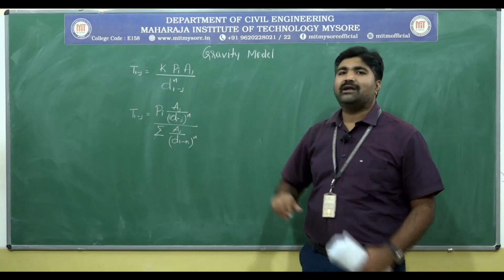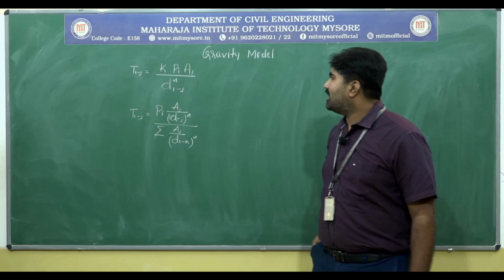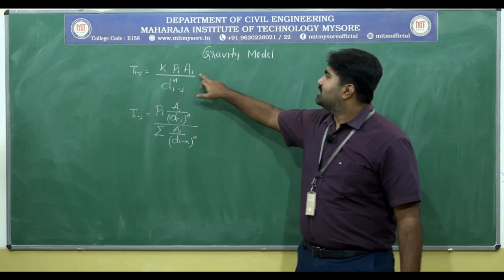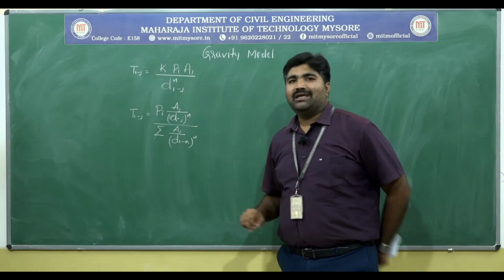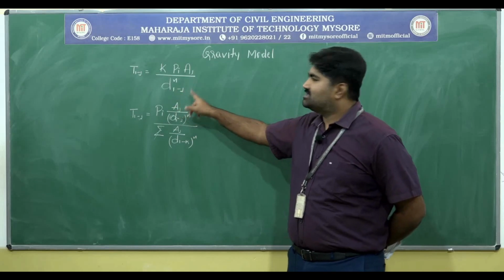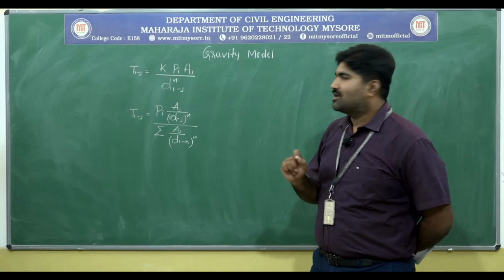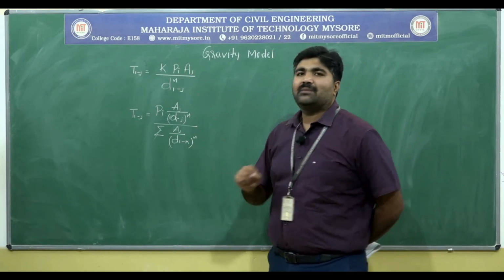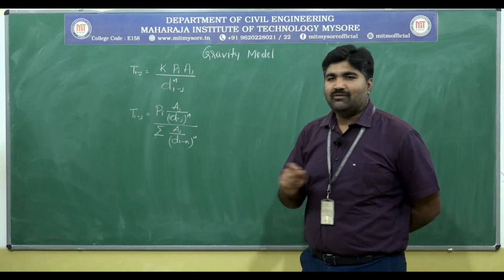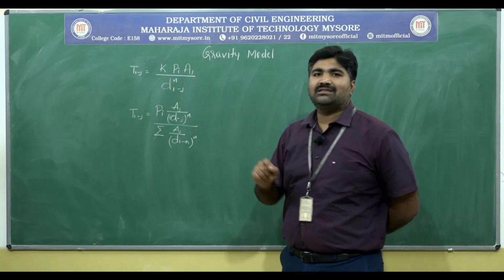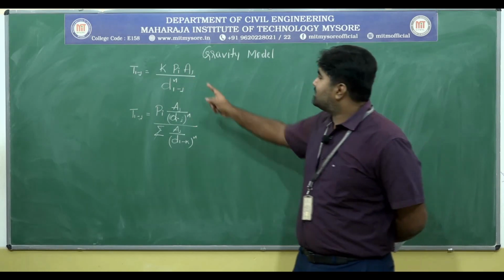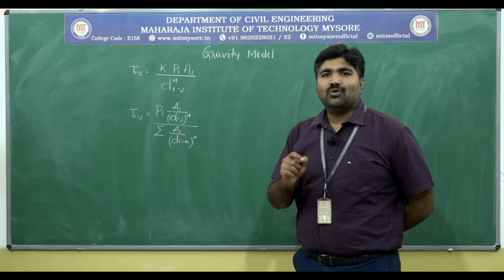That is Tij is equal to K into Pi into Aj divided by dij to the power of n, where K, capital K, is the constant. Pi is the trip generated in zone i, and Aj is the trip attracted to zone j.